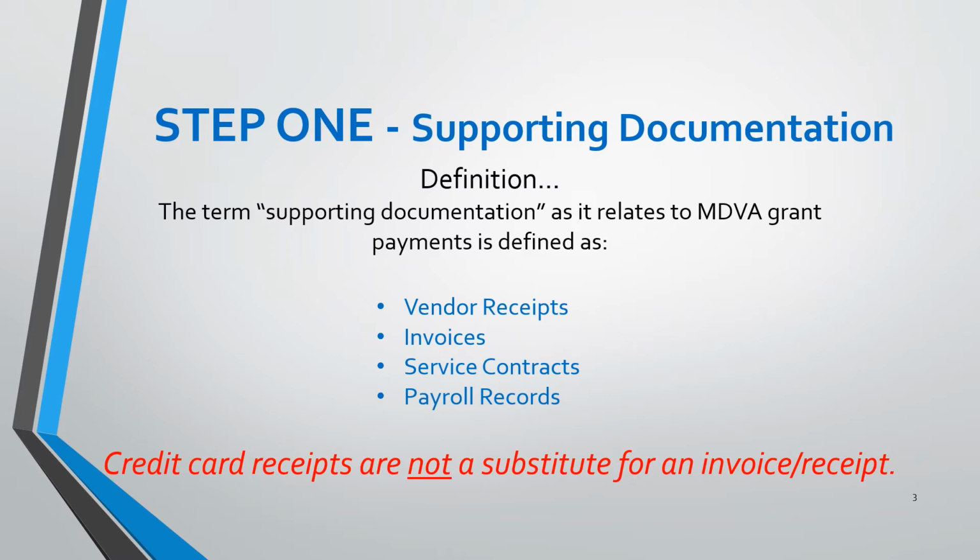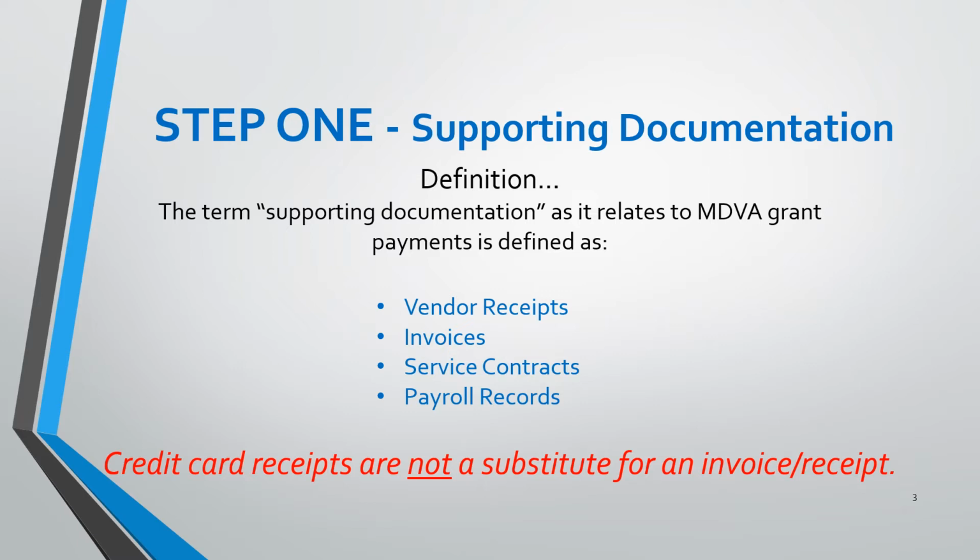To report your grant expenditures to the state, the work that you need to do beforehand can be broken down into a couple steps. The first step is gathering your supporting documentation. And again, what that means is your invoices, your cash receipts, your service contracts, and your payroll records.